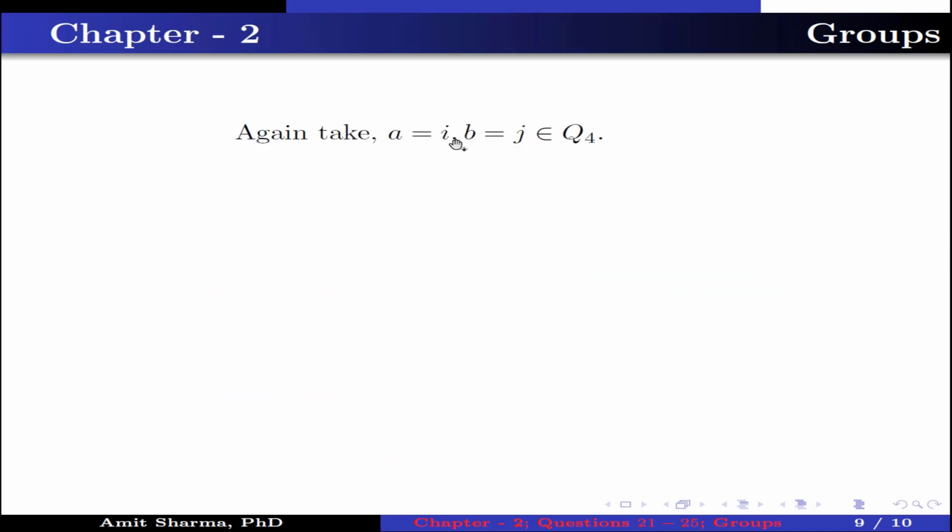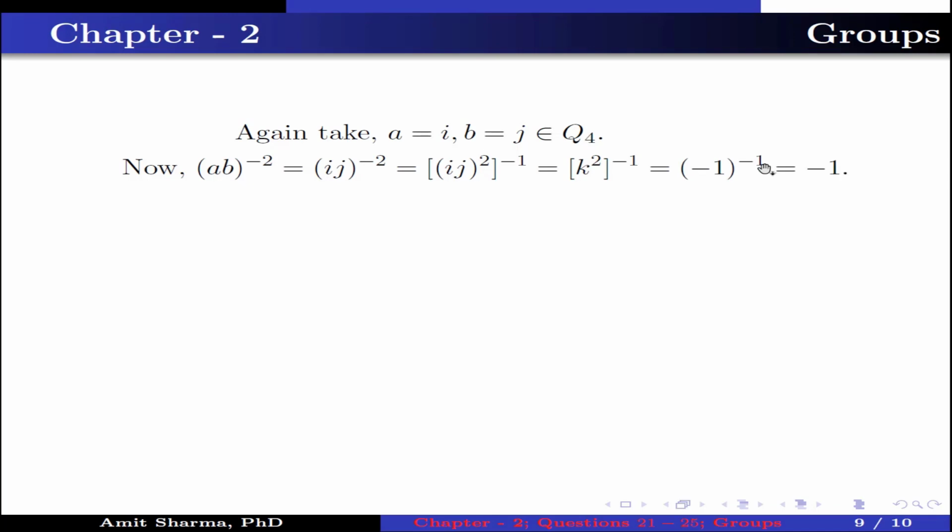Again, take a = i and b = j. This belongs to Q4, which is a non-abelian group. Now, (ab)^(-2) = (ij)^(-2), which is further written as ((ij)^2)^(-1) = (k^2)^(-1) = (-1)^(-1) = -1.